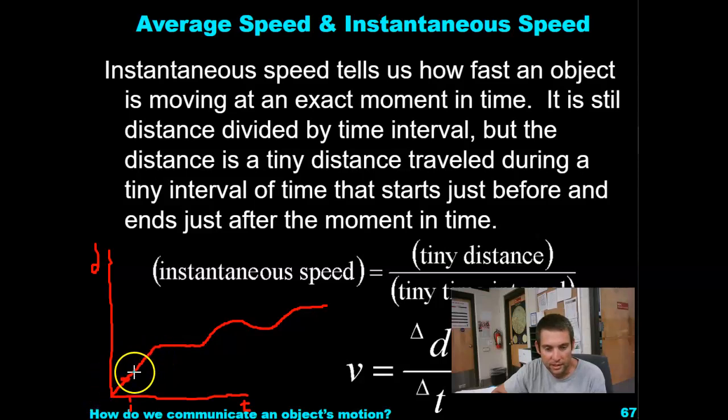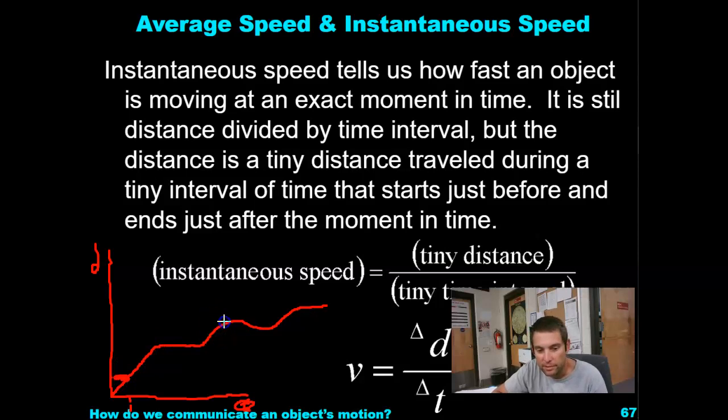There's a slope that is not changing. So my rise, or my delta d, that's delta d right there. And then my run is going to be this direction, my delta t, because t is on the x-axis. So then my slope is going to tell me my average speed for that moment.